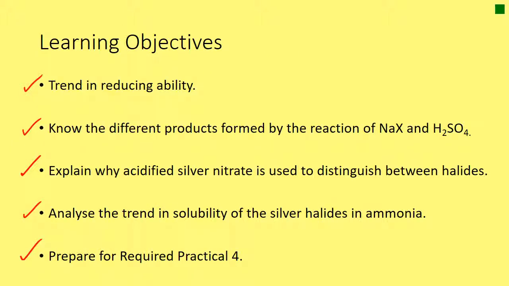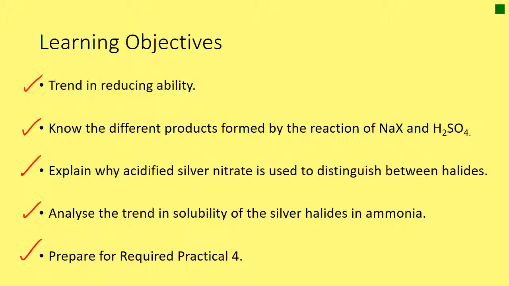And that just leaves us to check that we've done all our learning objectives. We've already checked that we've explained the trend in reducing ability, and we've already listed out the products formed by reacting halides with sulfuric acid.